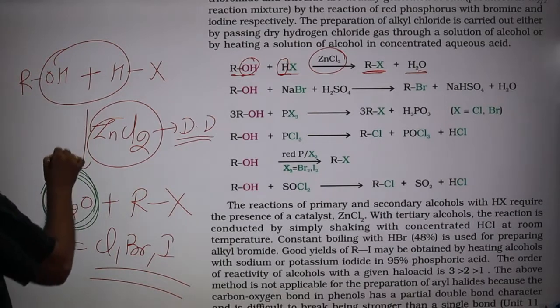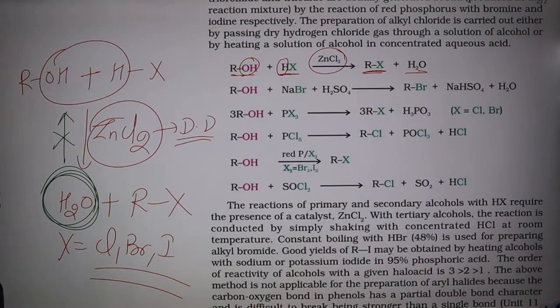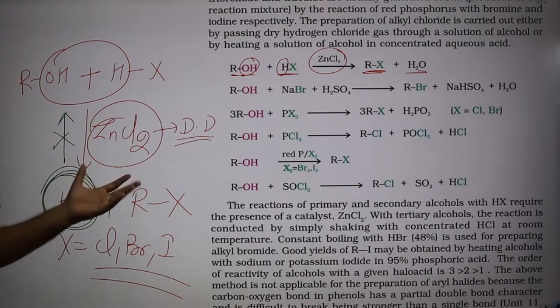The reaction should not go in the backward direction. This is the reason we use a dehydrating agent. Either we use concentrated acid, which also acts as a dehydrating agent. It absorbs whatever water quantity is there in the reaction, so that the reaction should not go backward.